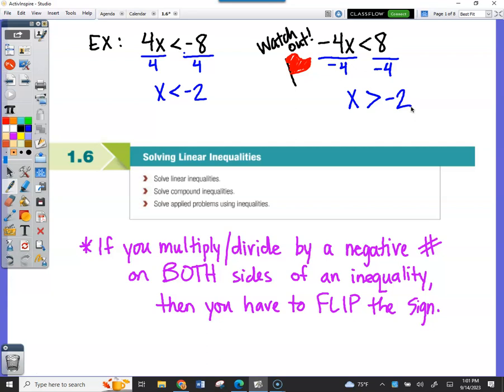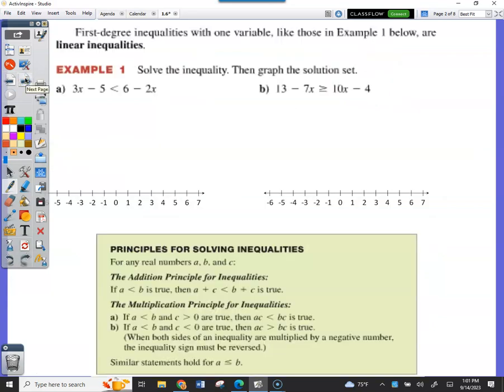So that's why inequalities are important, because it lets us write the answer and encompass all the answers by showing a direction of shading.